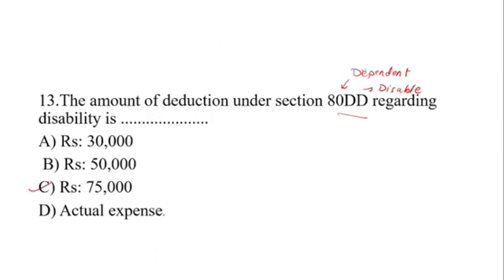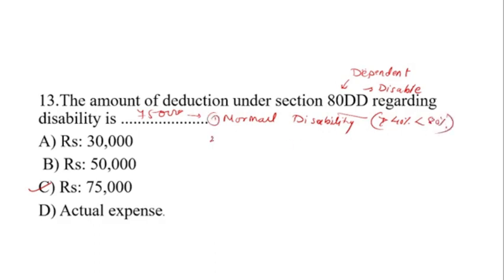So what will be the answer? Option number C, that is 75,000 in case of normal disability, that is more than 40% but less than 80%.